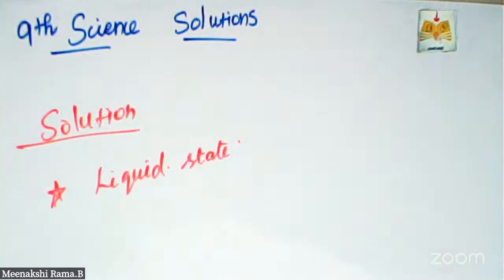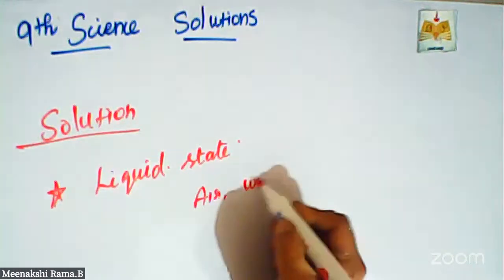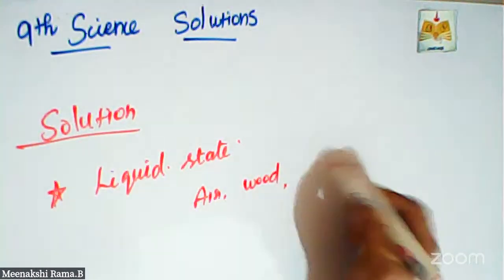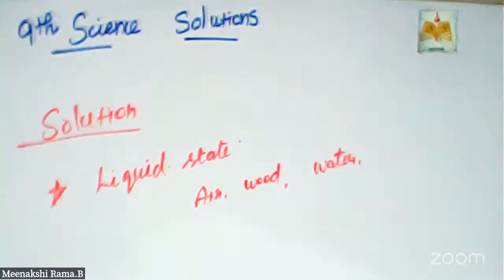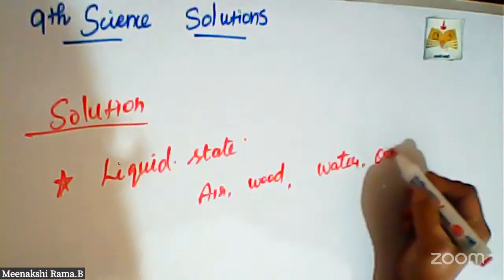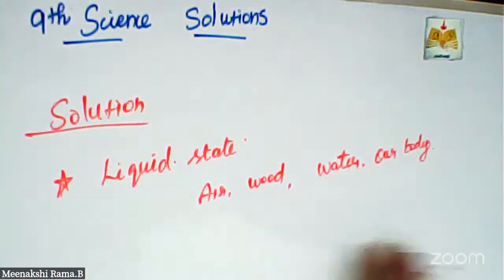Next, in our day-to-day life, we are using different types of materials. Like what are those? Air, wooden material, water, and one more example, our body. So what do they contain?